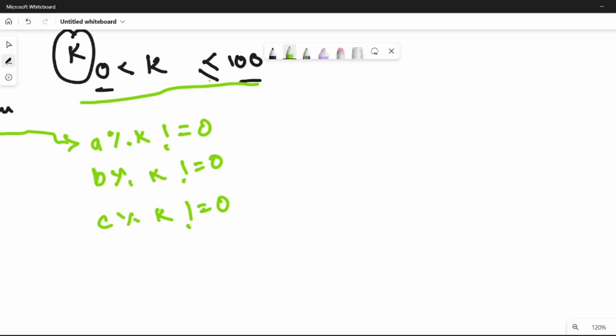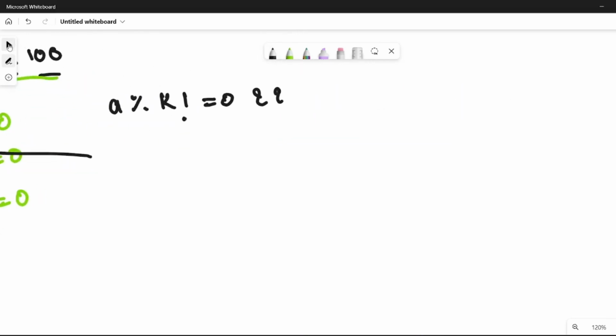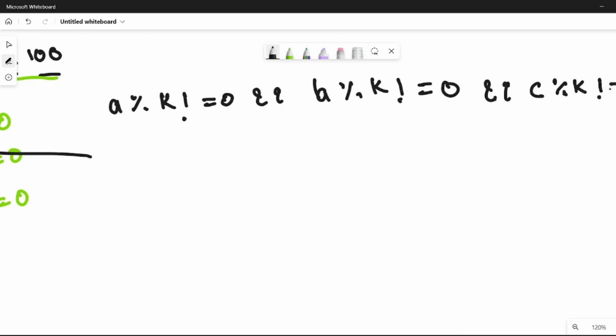Now the complete if statement is a modulo k is not equal to 0, and our k should follow all these conditions, 1, 2, 3. That's why we will give an and over here, and then b modulo k is not equal to 0, and c modulo k is not equal to 0.